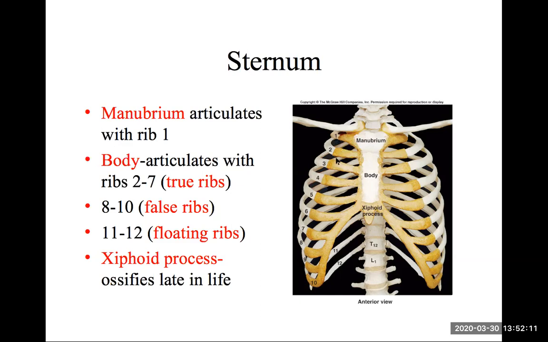So shown in brown, that is representing the hyaline cartilage, and 1 through 7 are considered to be true ribs because they directly articulate to bone. And then these down here, 8, 9, 10, are considered to be false ribs. They articulate basically back through the hyaline cartilage of other ribs.